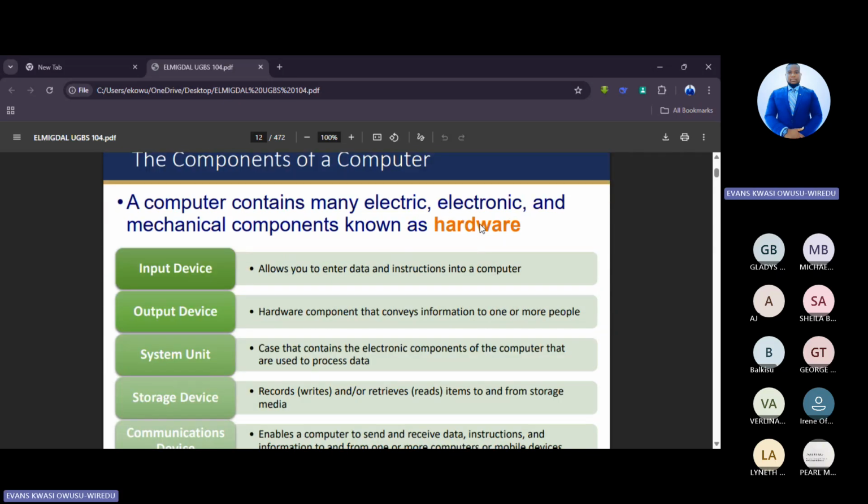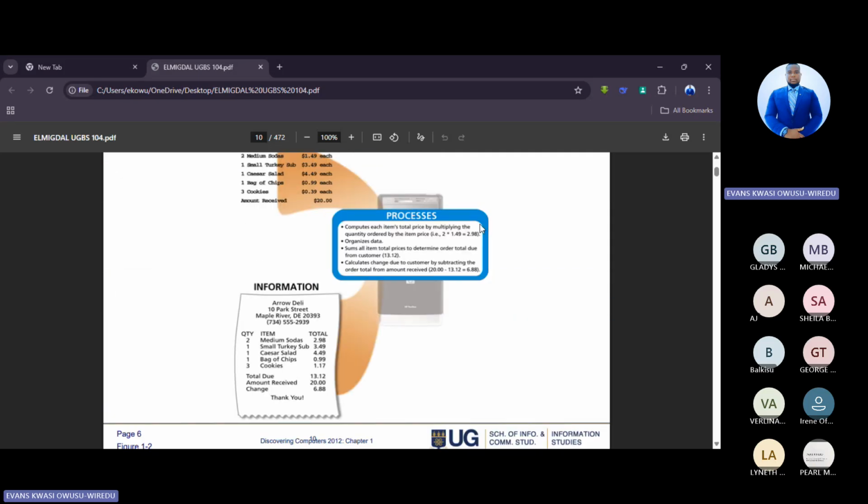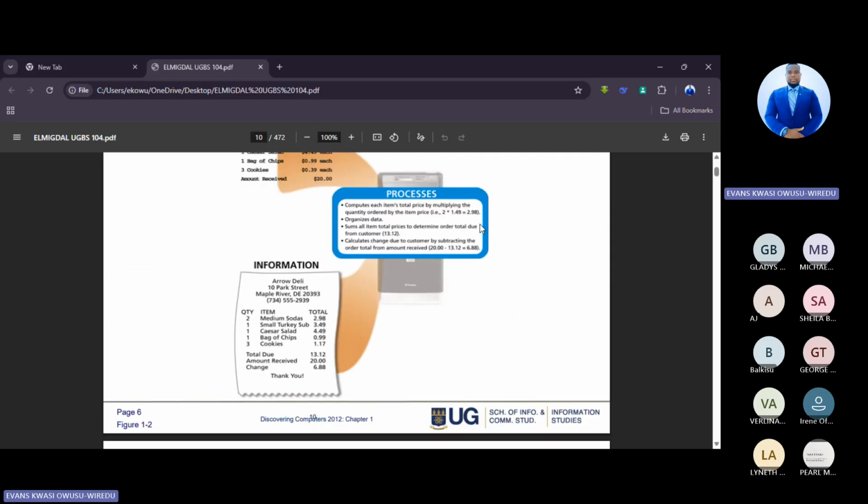Right. So now, after knowing all this, before the data and information, in between it is a processing where the computer computes. During the processing stage, they begin to do mathematics. So because you selected 5 and each one costs 2 cedis, it will multiply 2 by 5. You get it?